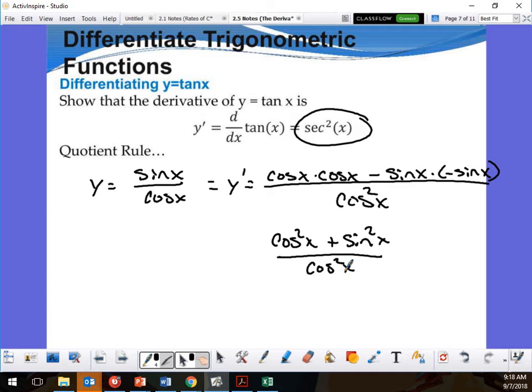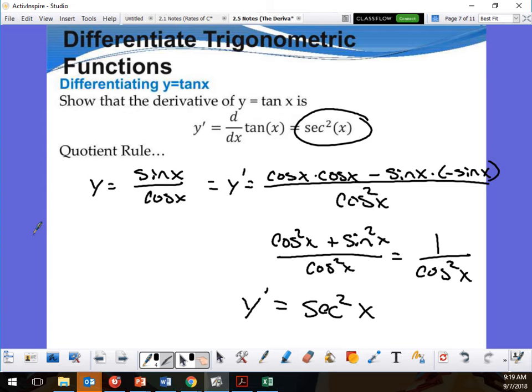So this is going to give me 1 over cosine squared x, where we know 1 over cosine is just secant. So then it turns into secant squared x. Bam.